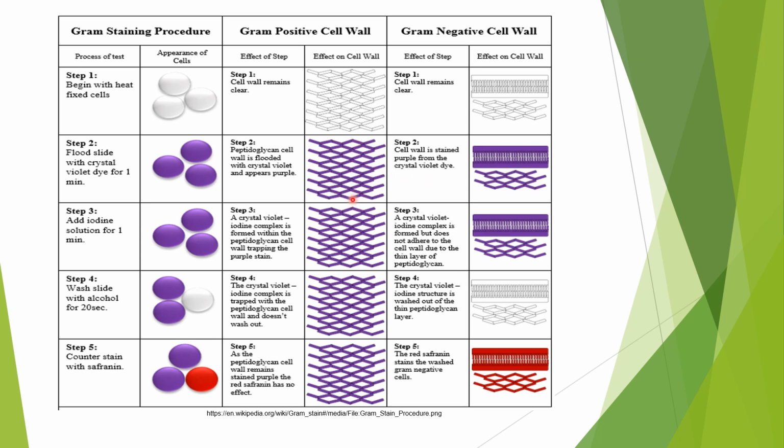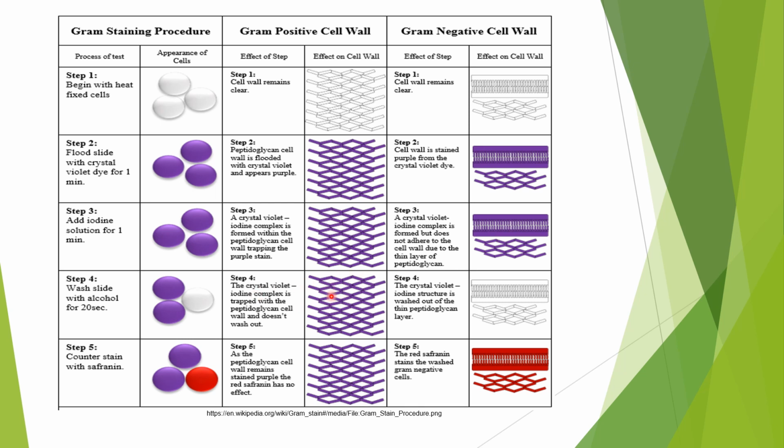Both cells that have a thick layer or a thin layer of peptidoglycan are going to be purple. And then you add the iodine, the mordant, that's going to help your crystal violet get absorbed even more and make it harder for that crystal violet to be washed off. So after that step, they're both still looking purple.